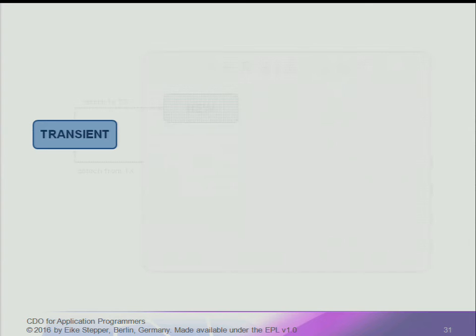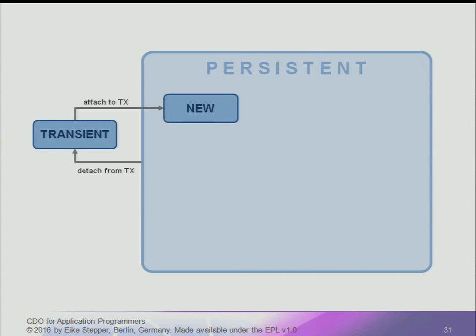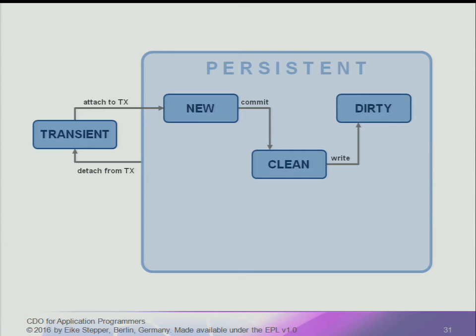The repository doesn't know about them. You need a transaction, a CDO transaction, and then you can attach this object to the already persistent tree, and it becomes a new object. When you commit that transaction, the object gets to clean state. When you call a setter on this object, it becomes dirty, and when you commit again, it's clean again.